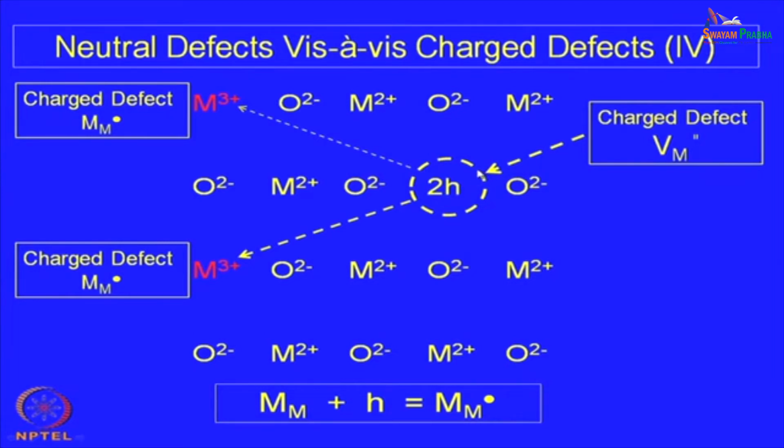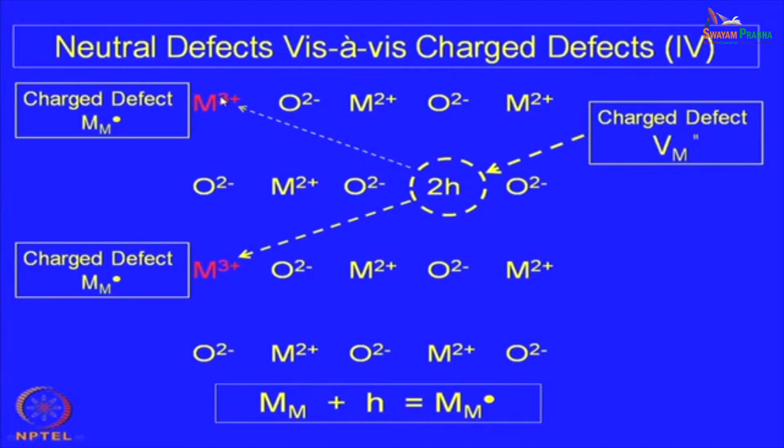So, it has created a metal vacancy with a double prime, which means an effective negative charge, prime means effective negative charge. So, this is effectively a negatively charged species created here, and consequently to maintain the charge neutrality, two holes have been added to the metal.